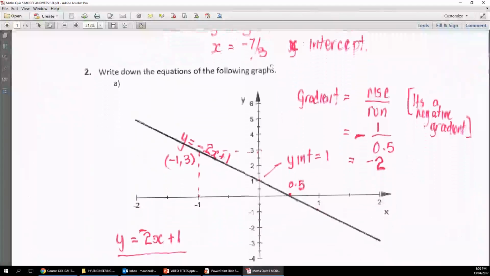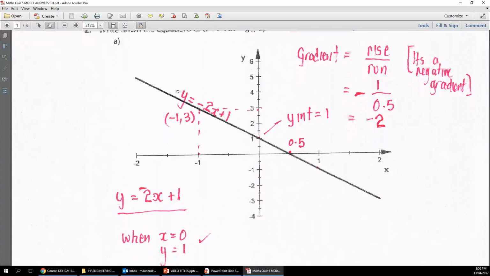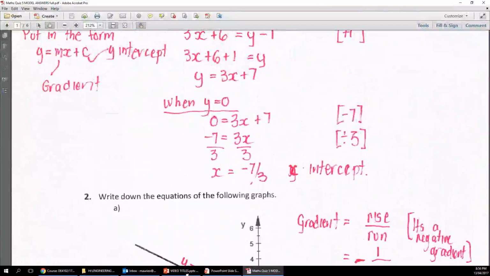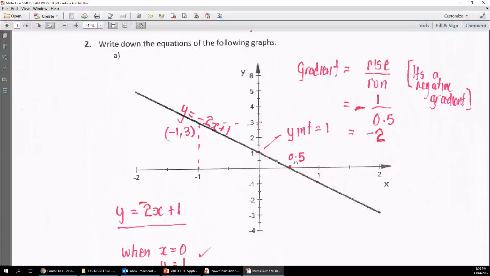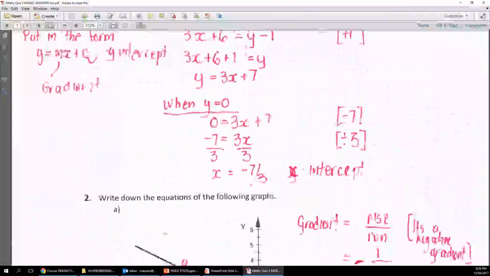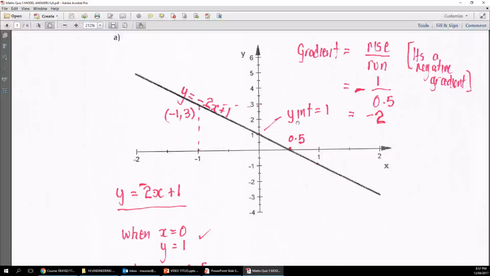X-intercept. Okay, write down the equations of the following graphs. Now the first graph here is a line graph, and as explained above, it can be written in the form y equals mx plus c, where m is the gradient and c the y-intercept. So straight away we can see that the y-intercept here is 1, and the gradient equals rise over run.